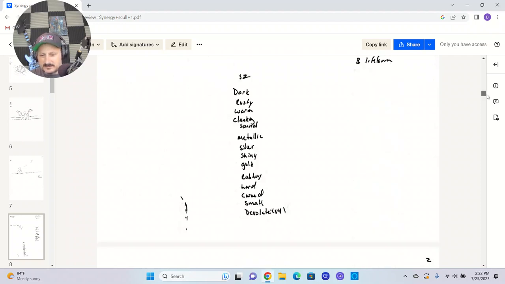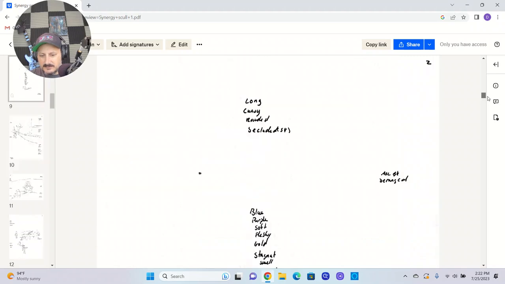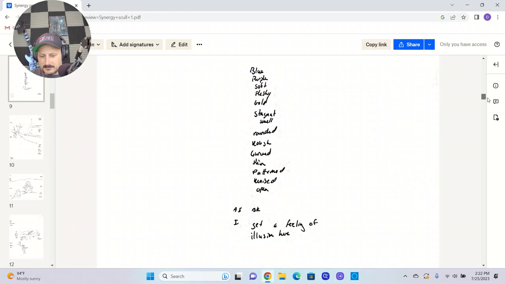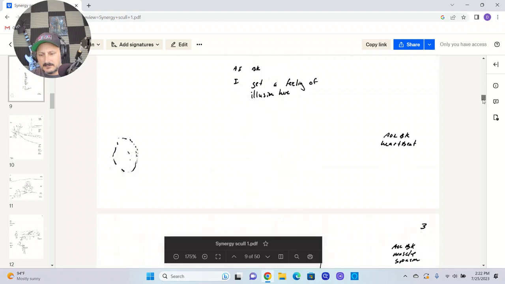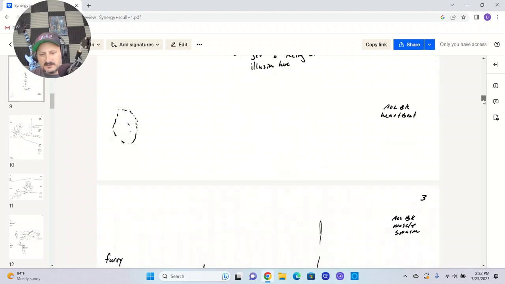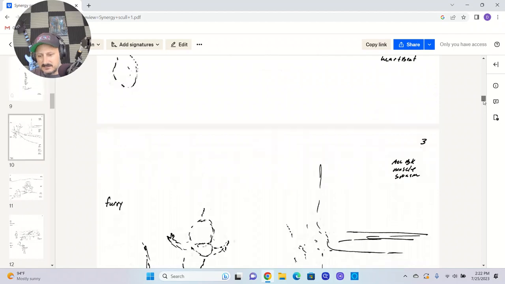It came back, structure and life form. Feeling of illusion. And this rounded kind of object.